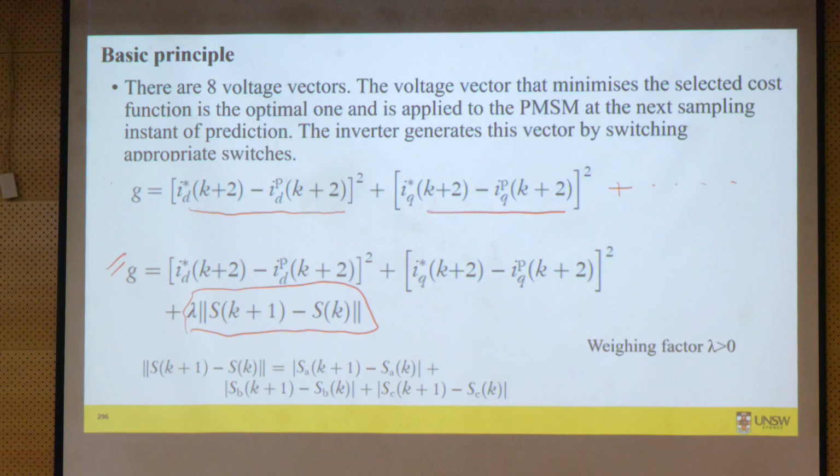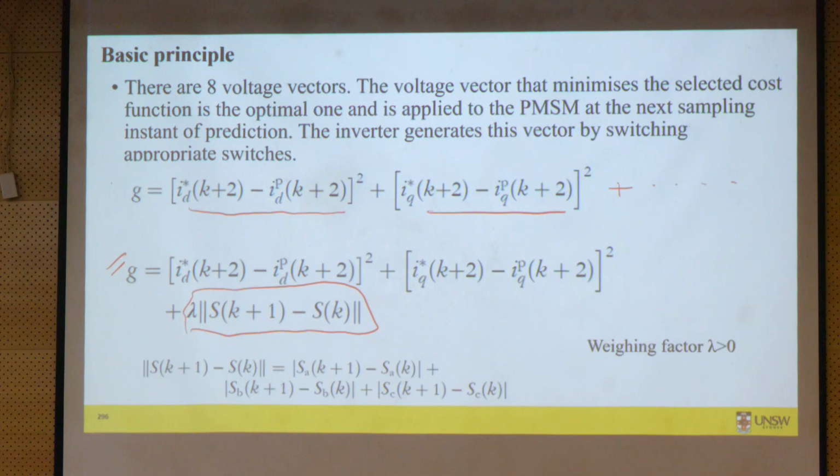When we use predictive control, since you are selecting the space vector that is optimum, your space vector could be anywhere in the space plane, right? If it is not adjacent, then you may have to turn your switches on and off more. Turning the switches on and off more means more switching loss, right? So that's why often in model predictive control they also add an additional cost function for minimization of switching. Okay, so this is an example of that.